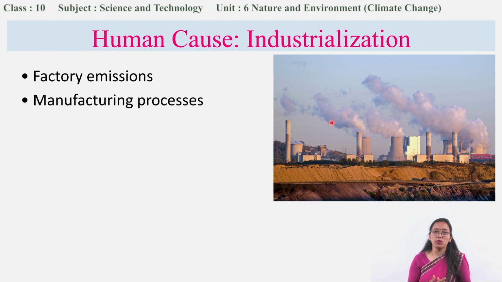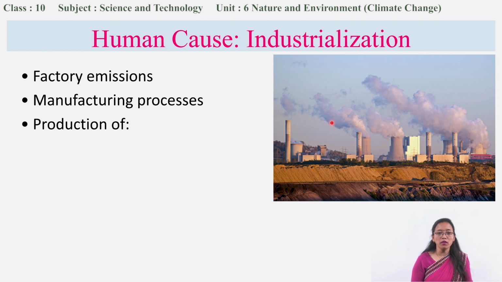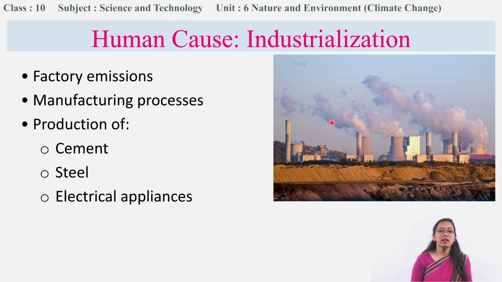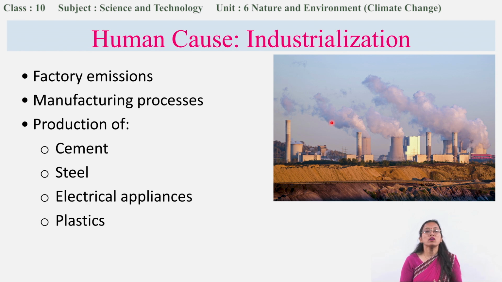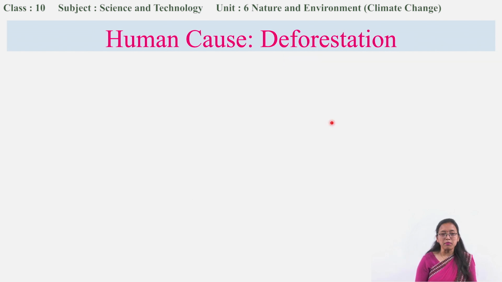So industrialization is also a major cause of climate change. Just like the cement industry, steel industry, electrical appliances industry, plastic industries, all these industries release different kinds of harmful gases which are directly mixed into the atmosphere and cause climate change.